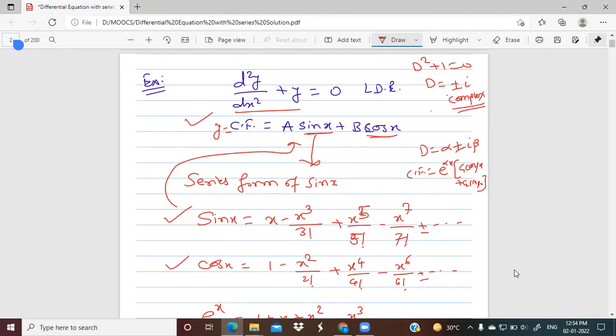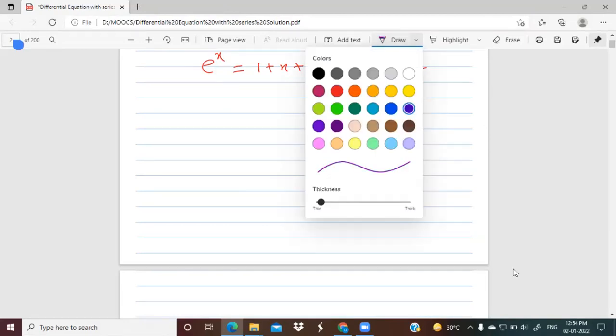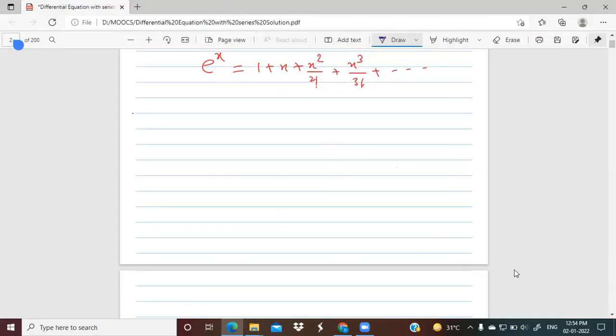But what is the method to find the series solution? Now we'll discuss it. We'll take one example and try to find the series solution. To find a series solution, one thing is very important. First of all, I will try to find the series solution of a differential equation.